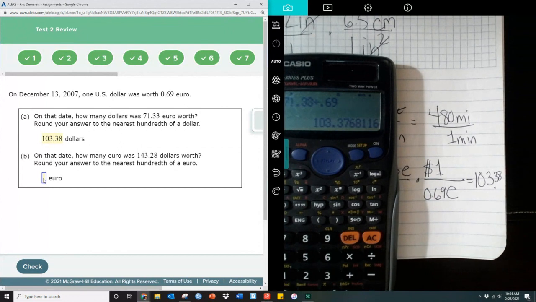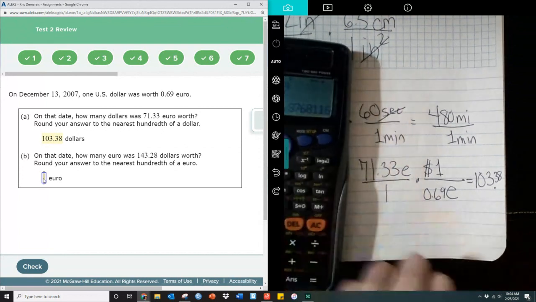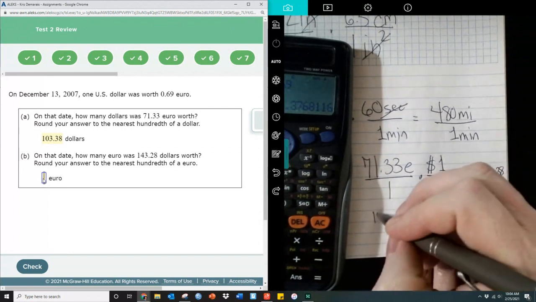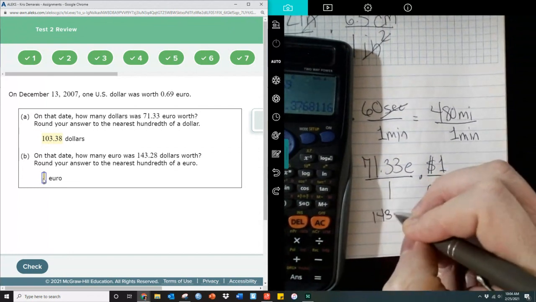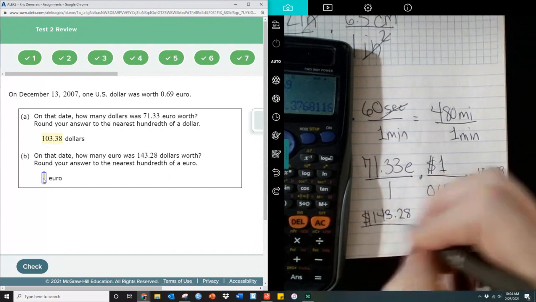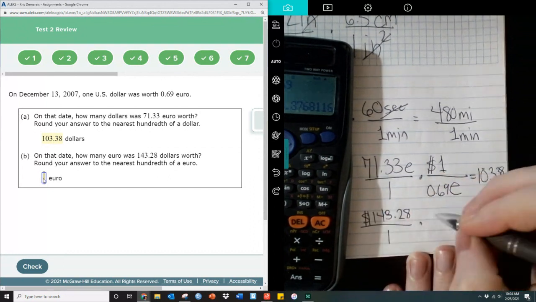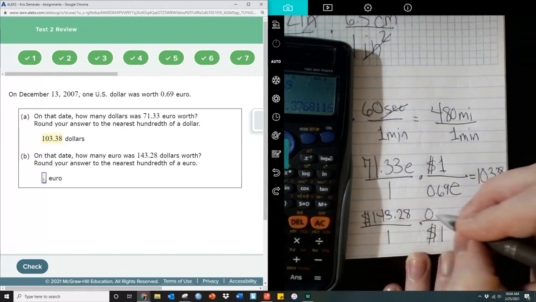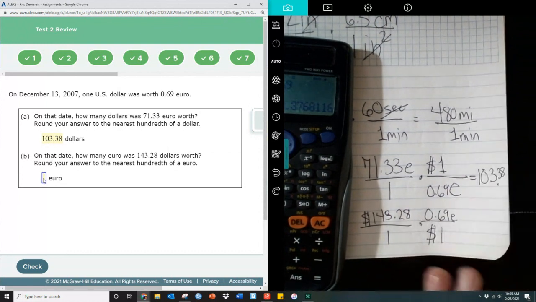All right, now, okay, I'm dividing, yep. Okay, so now we're going to go ahead and move along. We have 143.28, that's dollars, and we're putting it over 1, and we say $1 equals 0.69 euro.